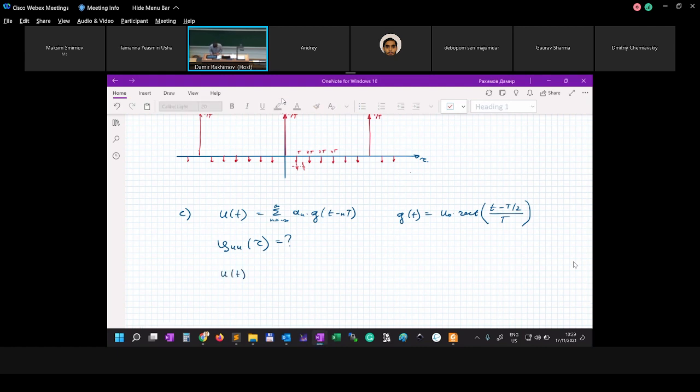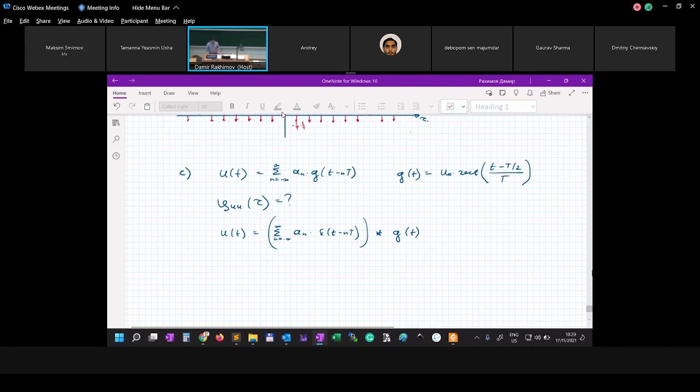We can just write this u of t as a summation from minus infinity of delta pulses, in big parentheses, convolution with the rectangular pulse. Then the autocorrelation of u of t is the convolution of two autocorrelation functions.